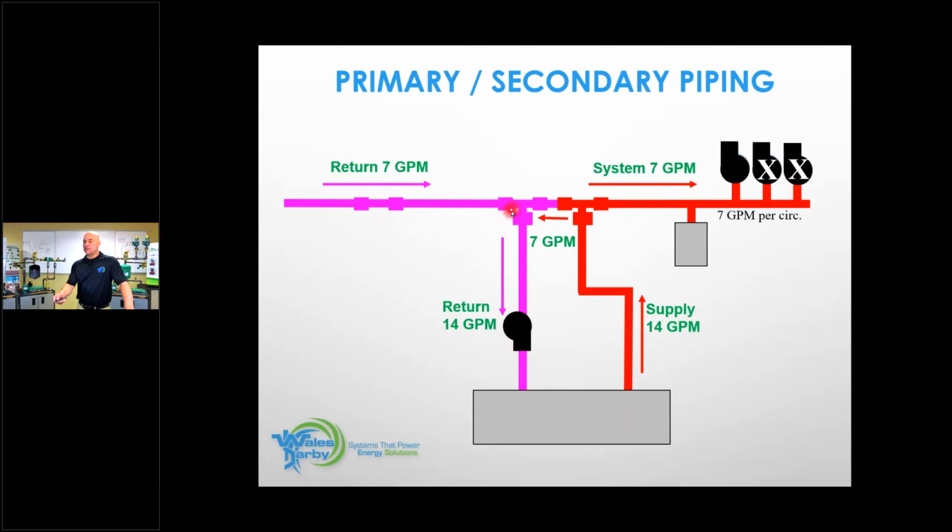I'm going to take 7 gallons coming from the return. I have 14 gallons coming through my boiler, back up and out. I get to this point, that water makes a decision. The system is looking for 7. 7 will go that way. The boiler is looking for 14. 7 is going to go this way. It's going to mix with the 7 coming this way, and it will deliver 14 gallons of flow to that heat exchanger.